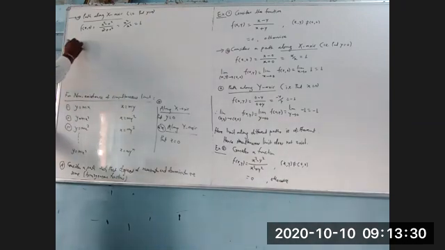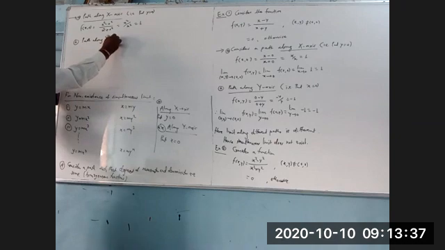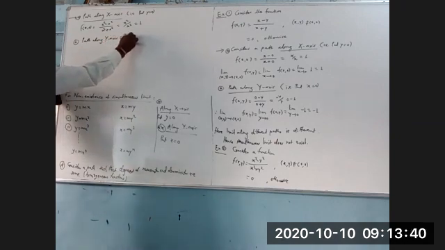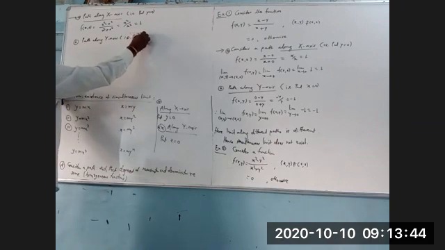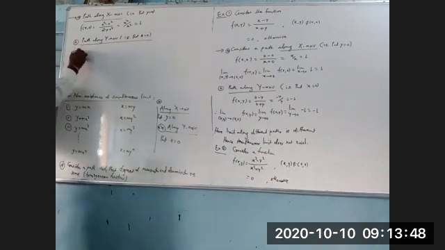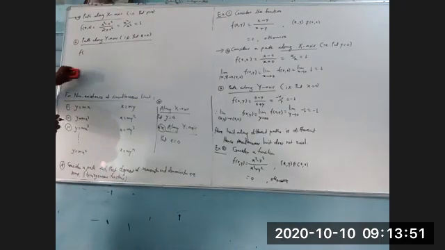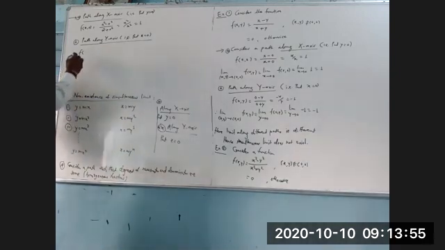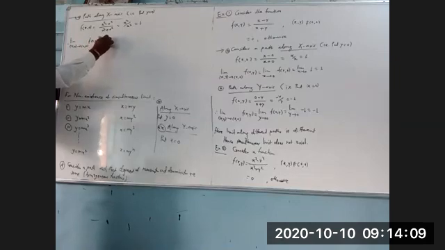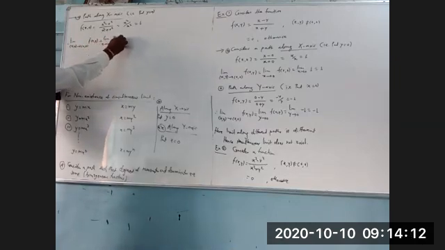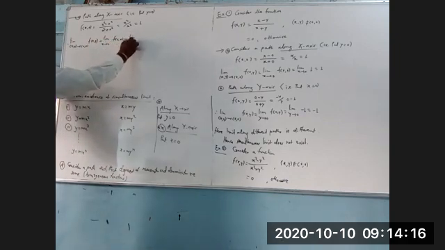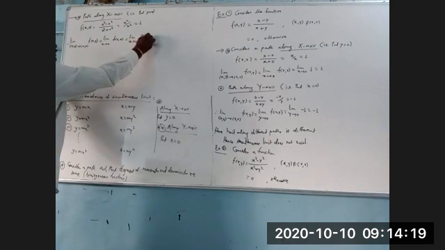Limit of f of x y is the same thing as limit x tends to 0 of f of x, 0, and therefore limit x tends to 0 of 1 is 1.